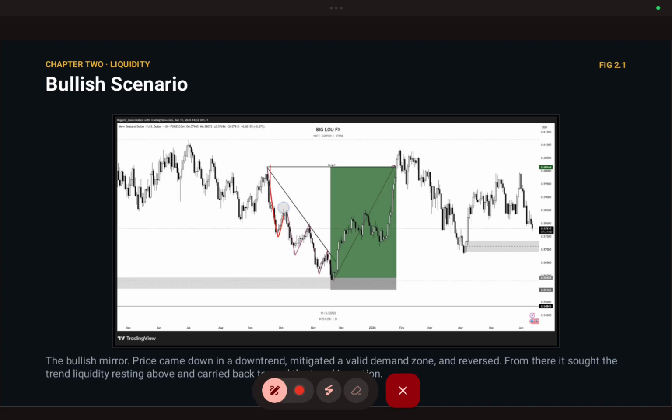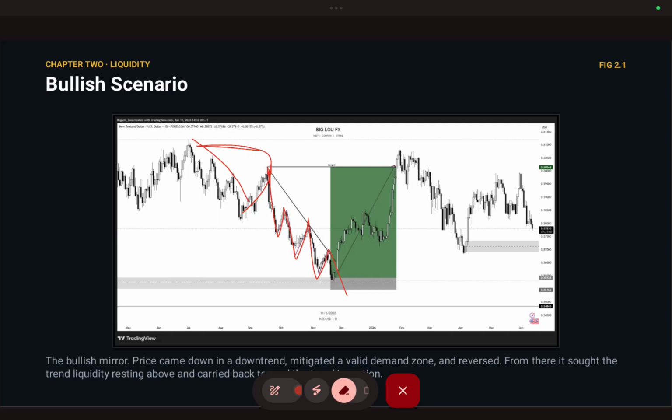I said trend inception, because most people will tell me, Big Lou, how about this high here? This bearish trend ended here. Price could not reverse here to clear this high, so this new trend started at this high.